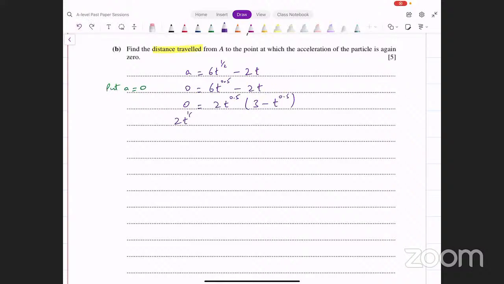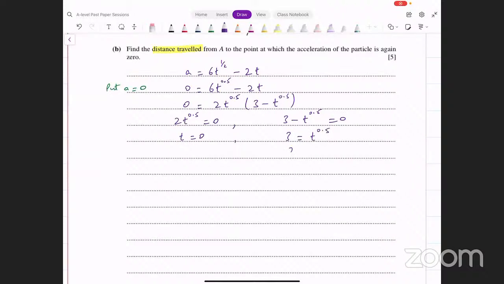ठीक है? So now I've got either 2t raised to power 0.5 equals 0 or 3 minus t raised to power 0.5 equals 0. From the first one, I get t equals 0 again. Again, we know कि start में acceleration 0 थी, तो वो एक तो वो value आ गई. And then we've got 3 equals t raised to power 0.5.